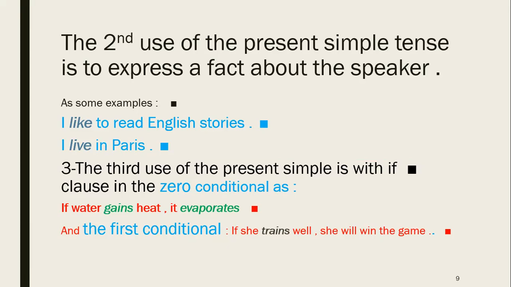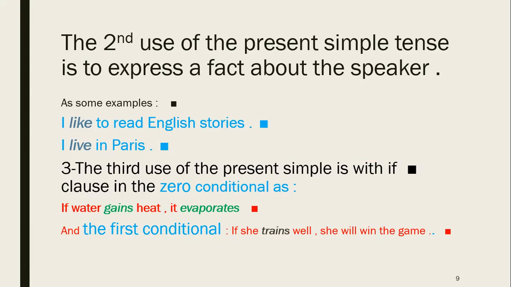And also in the first conditional. The first conditional gives a possibility about the present. Like, for example, if I say, if she trains well, she will win the game. So what is the reason? She trains. And what is the effect? Will win. What is the present simple that is trains with the if clause?